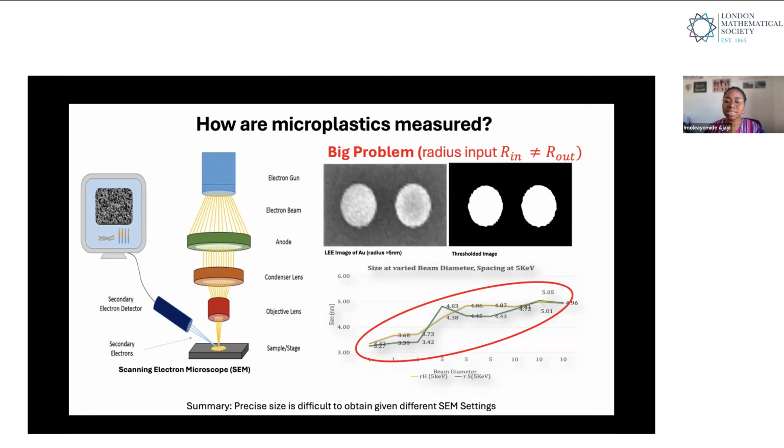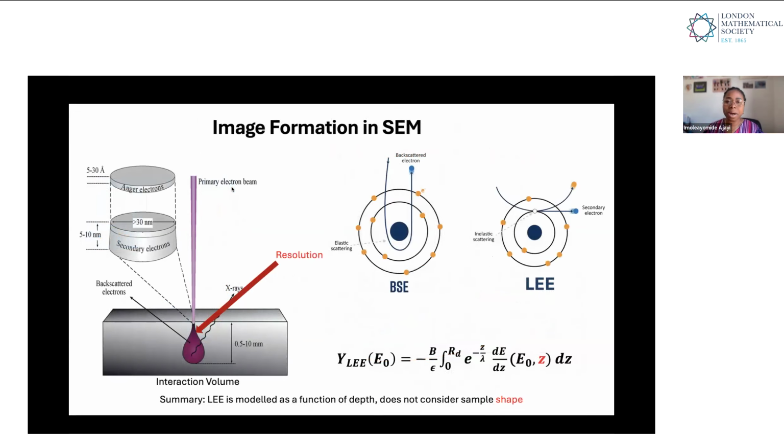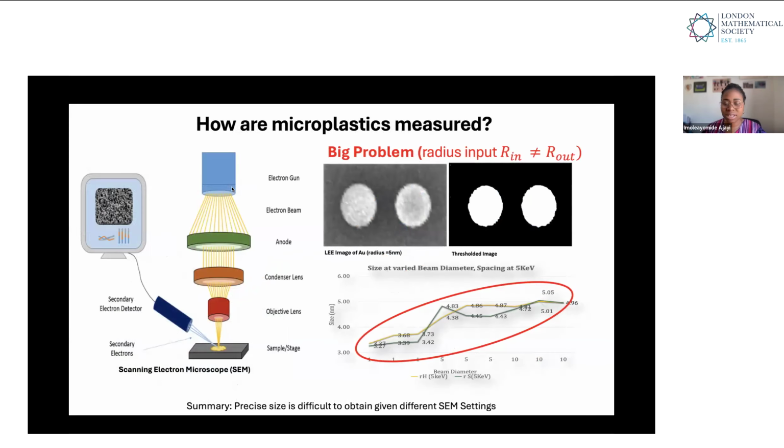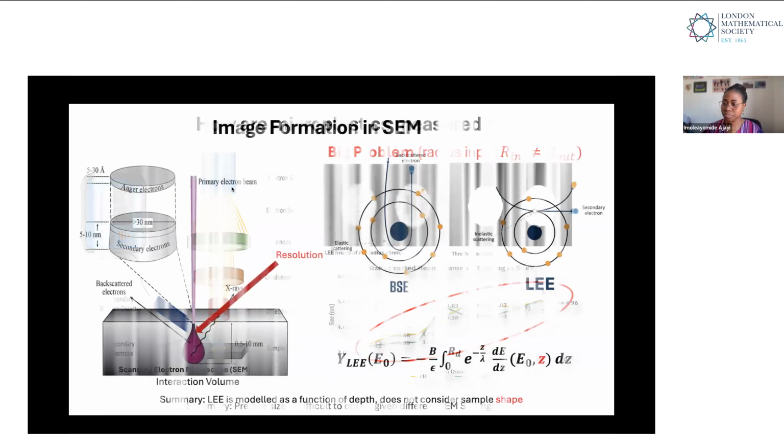When you take the image and analyze it for size, you don't get the same size as when you put a particle with a known size into SEM. And size itself varies based on different settings in SEM. I'm not going to bore you with the details, but I want to talk a little bit about the image formation in SEM, how the image on this slide is being formed.